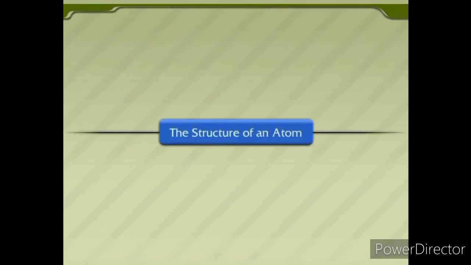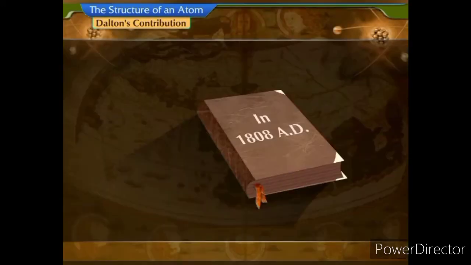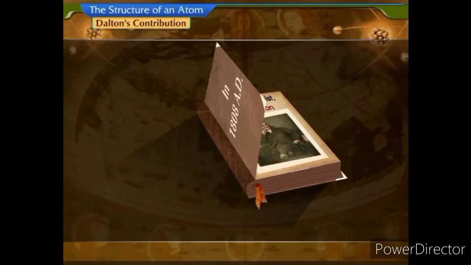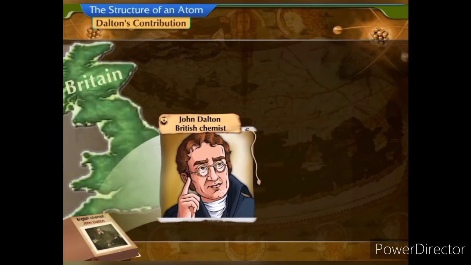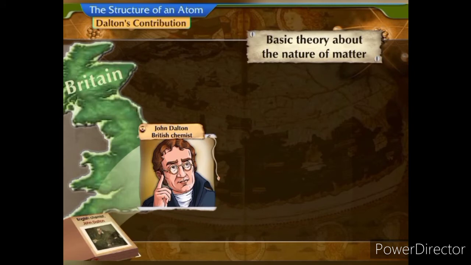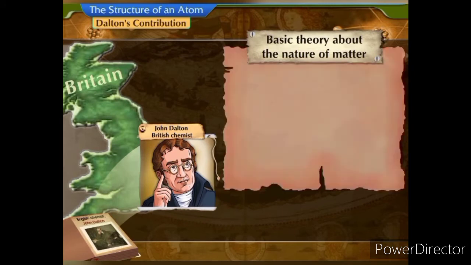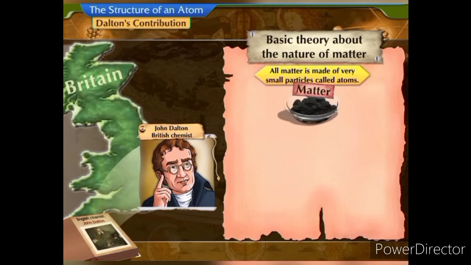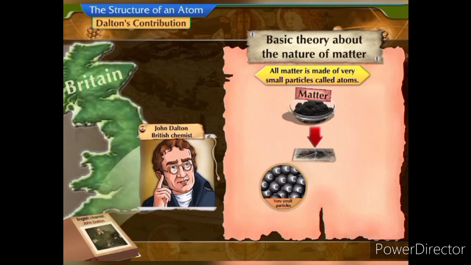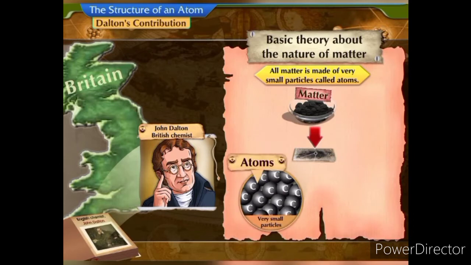The structure of an atom. Dalton's contribution. In 1808 AD, Dalton, a British chemist, provided his basic theory about the nature of matter. According to his theory, all matter is made up of very small particles called atoms.